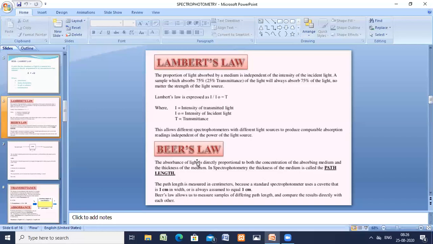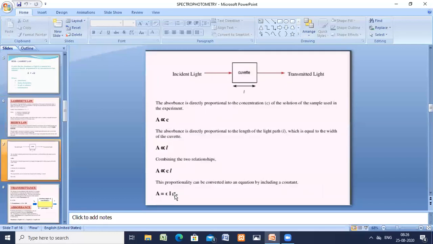So this is the path length and this is the concentration. You can see the incident light, cuvette, transmitted light.